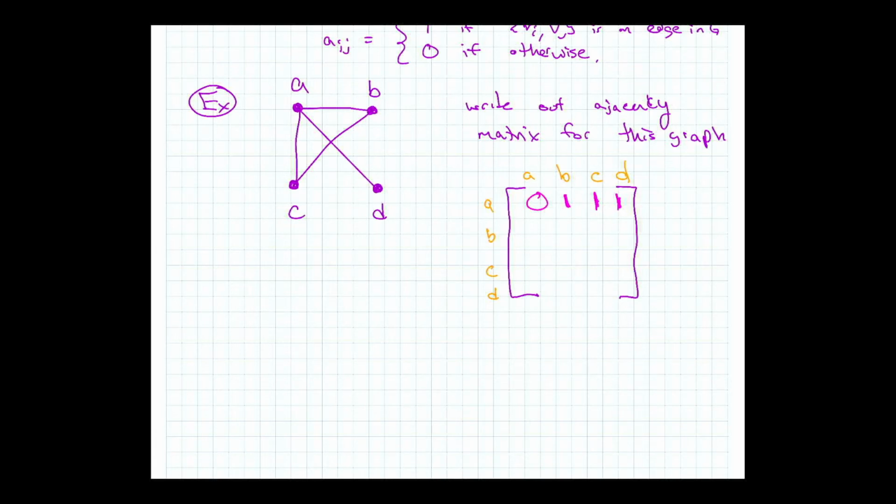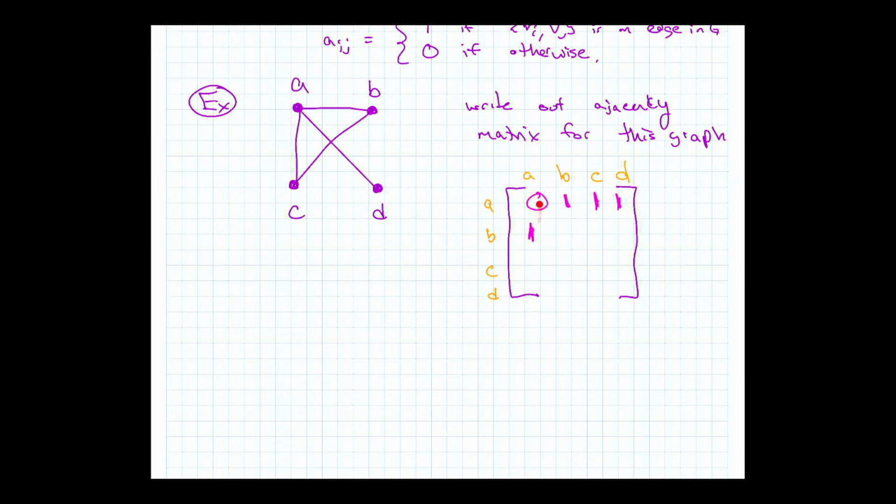Then you go and do the second row. What about B? What is B adjacent to? B is adjacent to A. So you have the BA. Now, this is an undirected graph actually. So if AB is an edge, then you end up with a 1 here because of AB, but also BA, right?